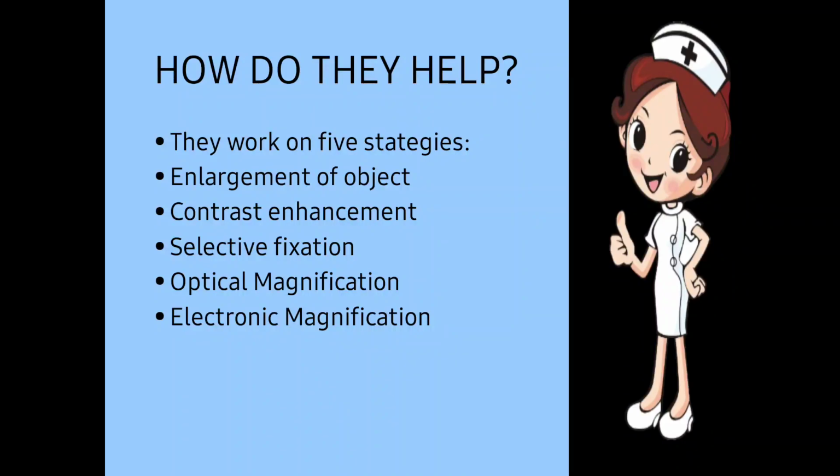Next one, electronic magnification. In case of electronic magnification, one can use a CCTV. So in this way all the optical aids depend upon the 5 strategies. Sometimes we enlarge the object, sometimes contrast enhancement is given, selective fixation, optical magnification and electronic magnification.